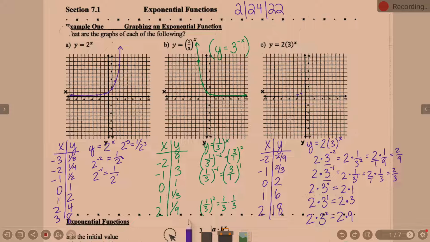Left to right 0 and up 2. 1, 6. Right 1, up 6. 2, 18. Right 2, up 18. So let's see if that's in the ballpark.